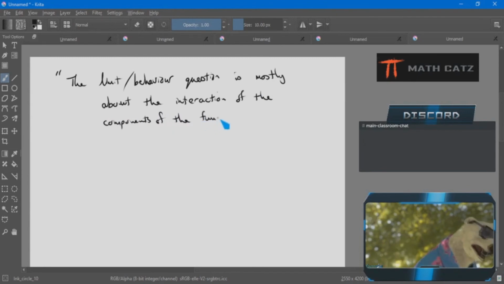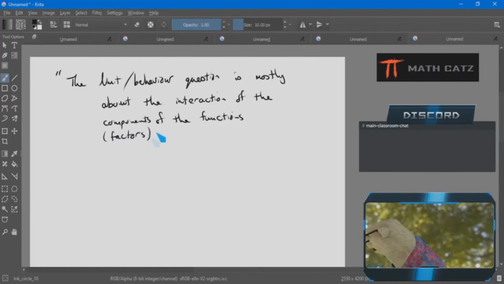I don't want to say factors because it really depends. I guess you can call it factors. The things that make up the function. It's really a matter of how they interact that determines the behavior of my function. We've seen this with the rational function, right?